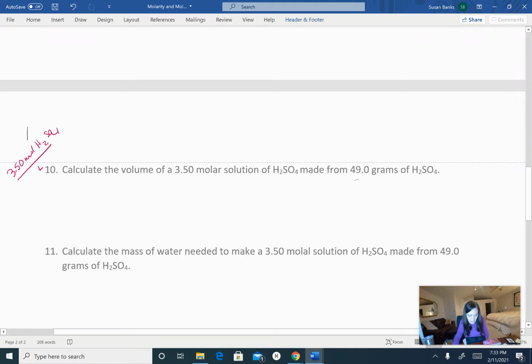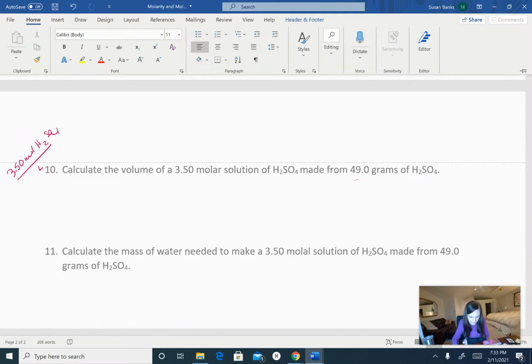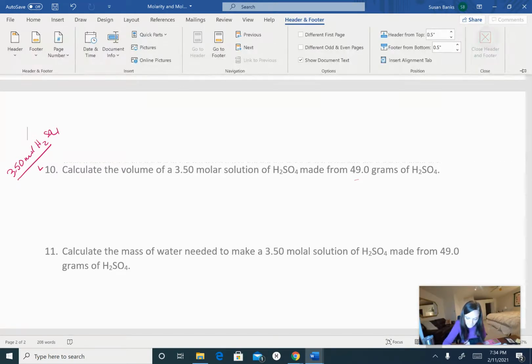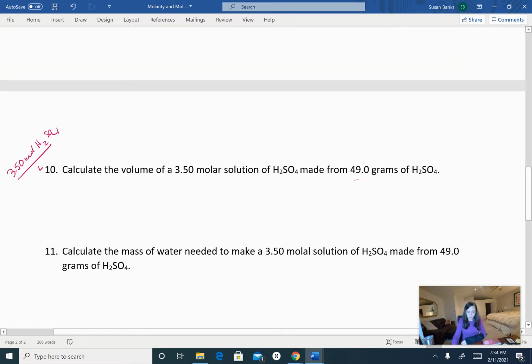So let's see. Hydrogen, we've already done. For some reason, I am in the header and I don't want to be there. Let's close that up. Okay, so sulfuric acid, I've got 2 hydrogens, and we've already said that hydrogen is 1.0.